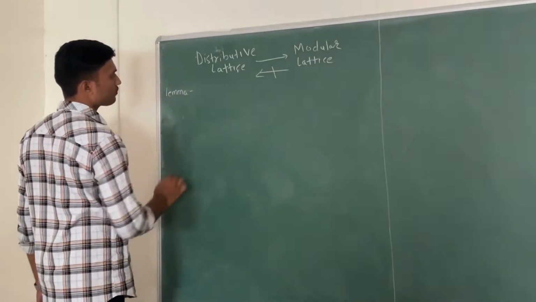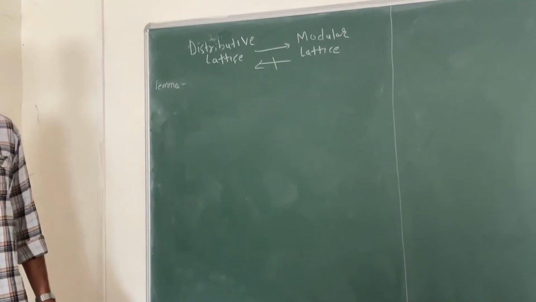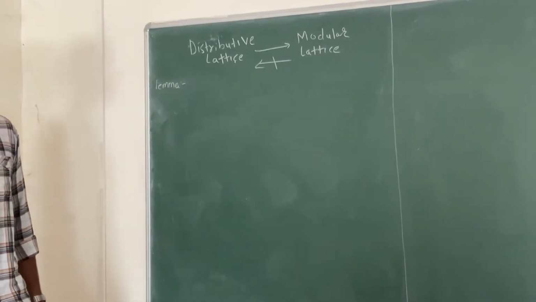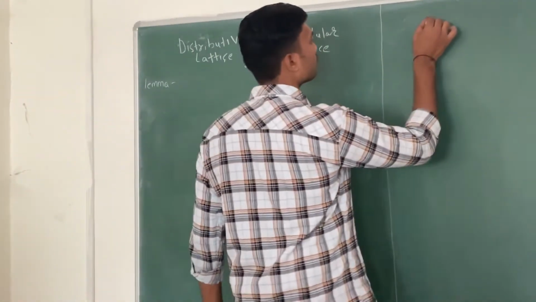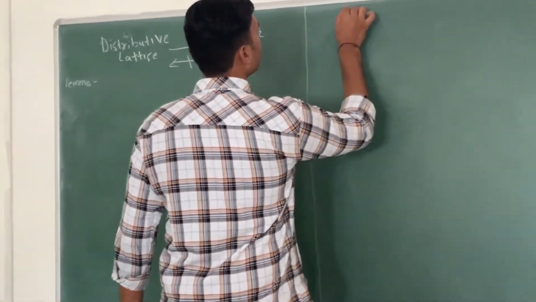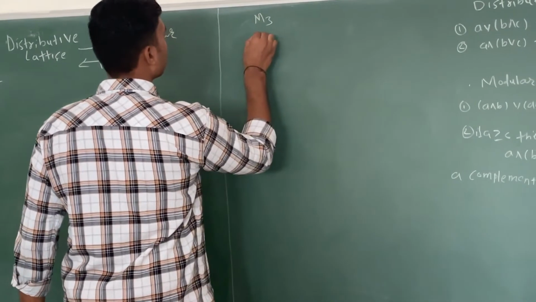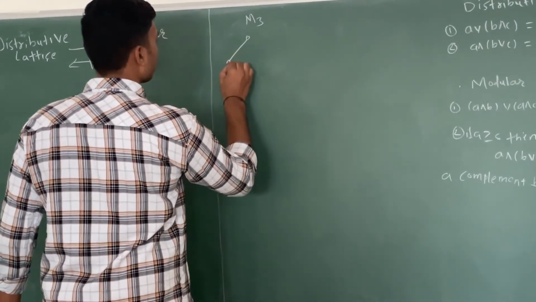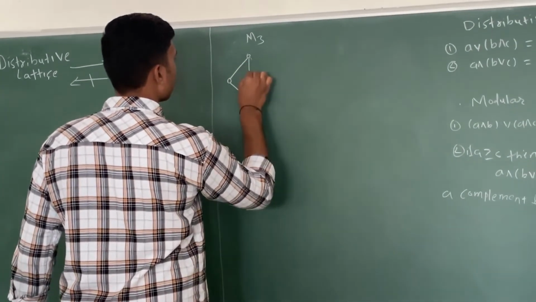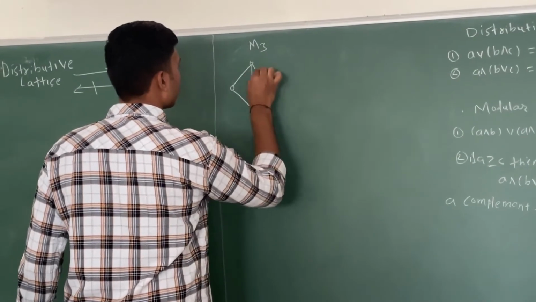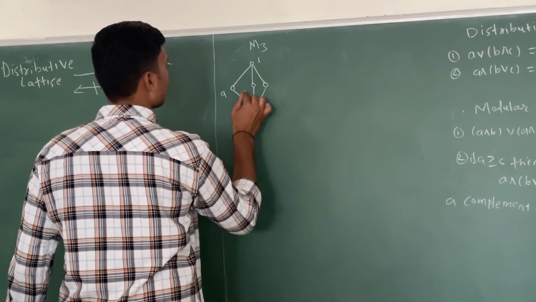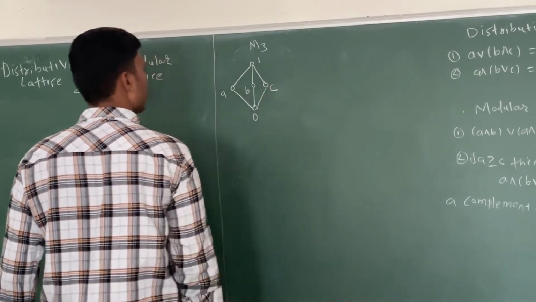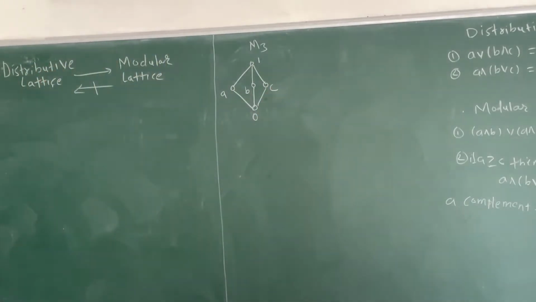Before that, let us draw a picture: the diamond lattice M3, which is not distributive. This is the diamond lattice.